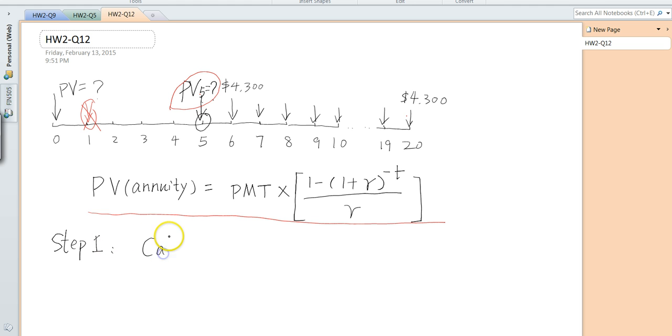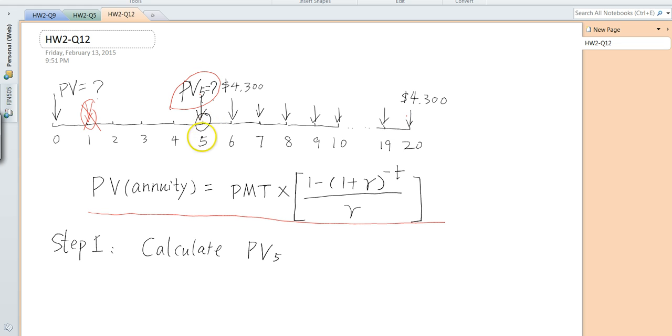Calculate present value in terms of year 5. Okay, as based on discussion, that step is based on we move our baseline to year 5. Hence, why do we do that?